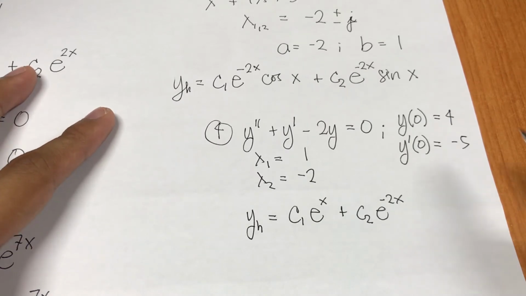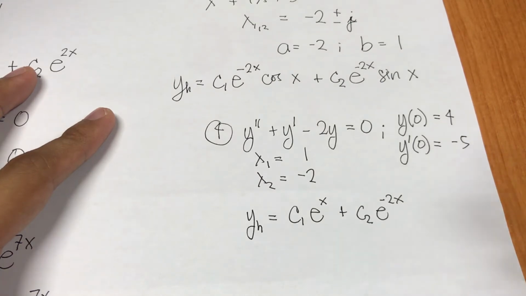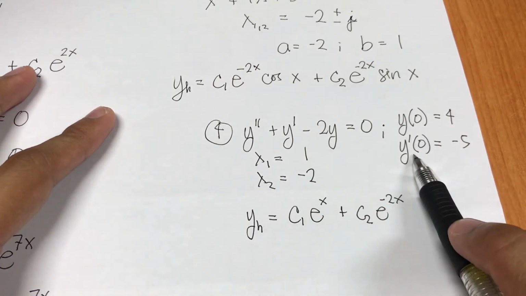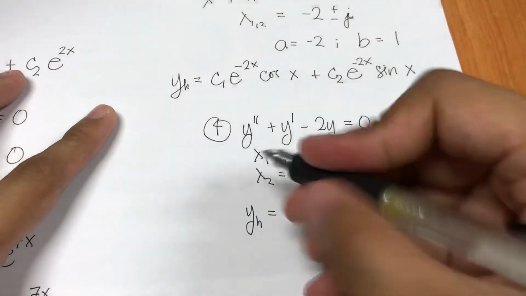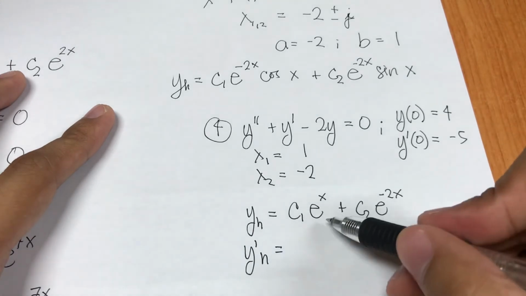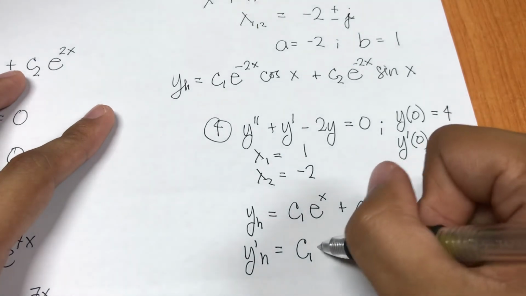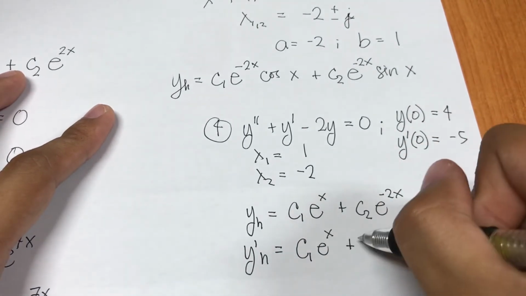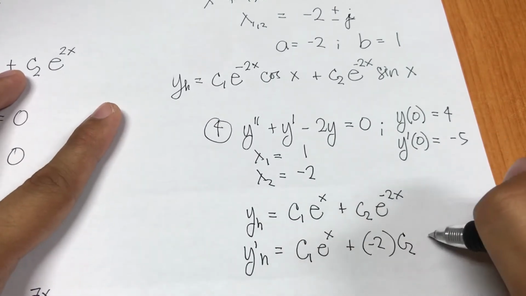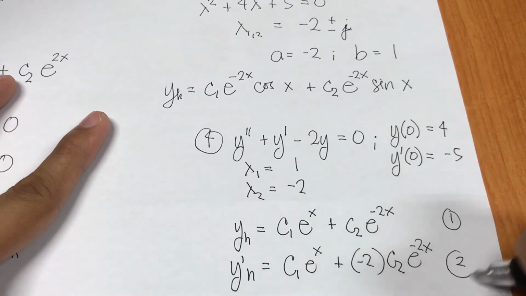How do we solve for the arbitrary constants? Since we have y at 0 is equal to 4 and y prime of 0 is equal to negative 5, we derive. So y prime of h is equal to c1 e^x plus negative 2 c2 e to the negative 2x. This is our equation 1 and equation 2.